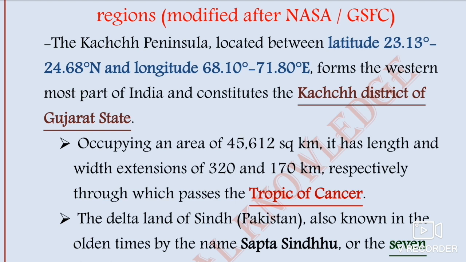And if we talk about the area, it occupies an area of about 45,612 square kilometers, with a length and width extension of about 320 and 170 kilometers respectively, throughout which passes the Tropic of Cancer. Okay, that is important.